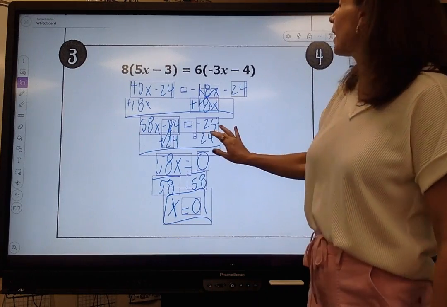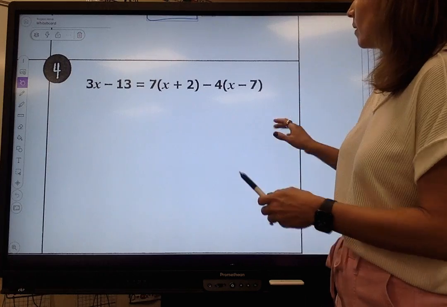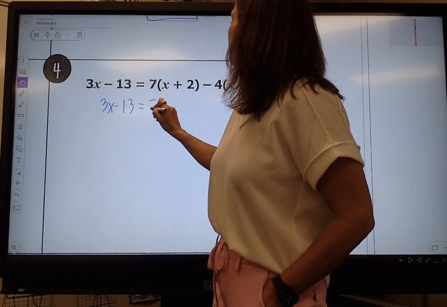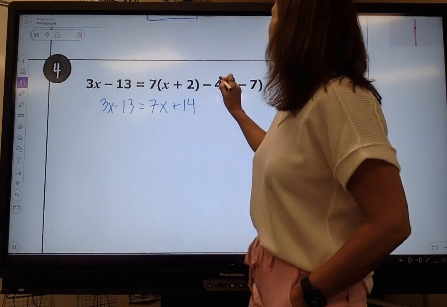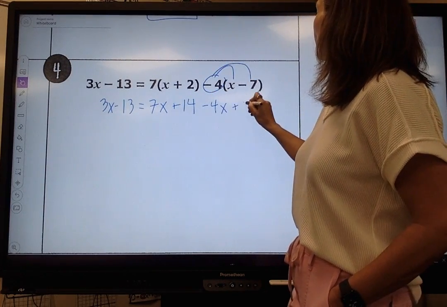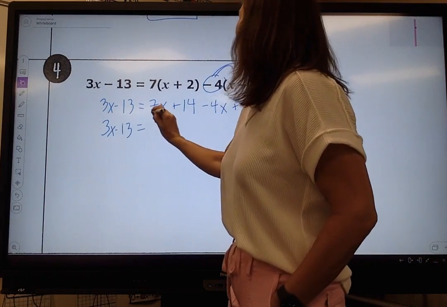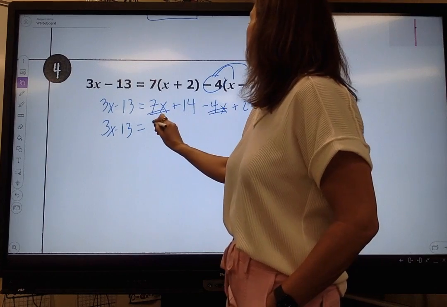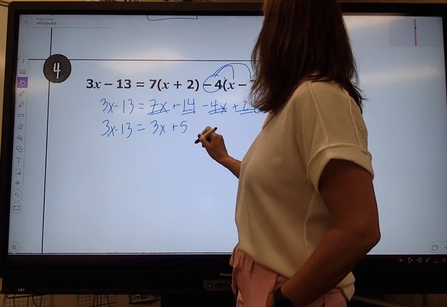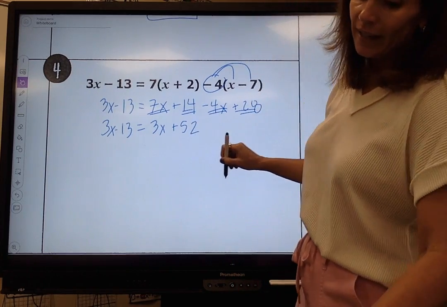All right, and then the last one we're going to do is number 4. So I get 3x minus 13 equals 7x plus 14. Distribute the -4. I'm going to combine like terms, nothing to combine over here. 7x and -4x is 3x. 14 and 28 is 42.